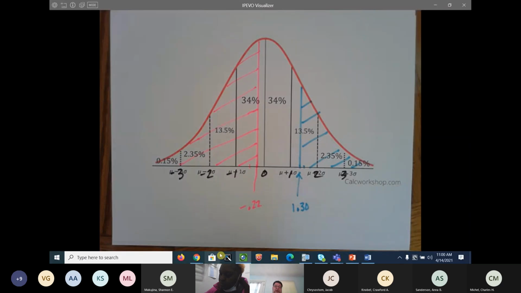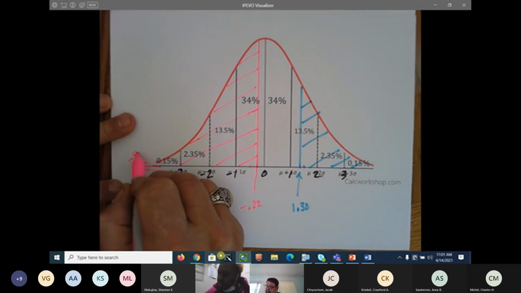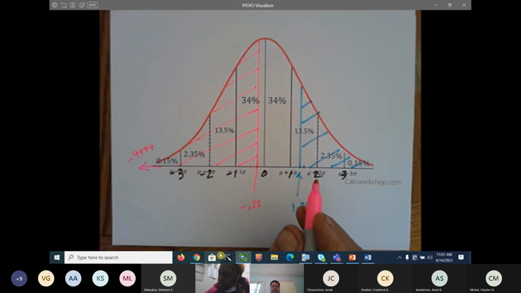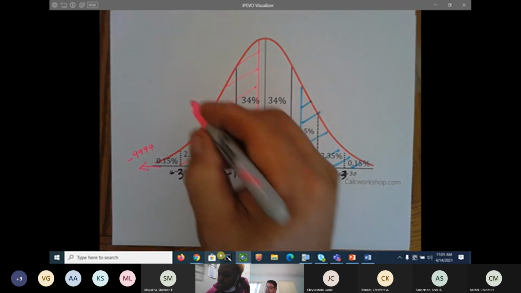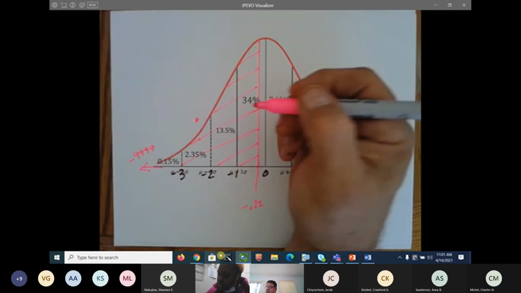All right, now I'm not going to do the empirical rule right here because we're out of time. So we're just going to do straight. I need somebody to give me the area in pink, please. Negative 9999 to negative 0.22. Somebody give me 4 decimal points.